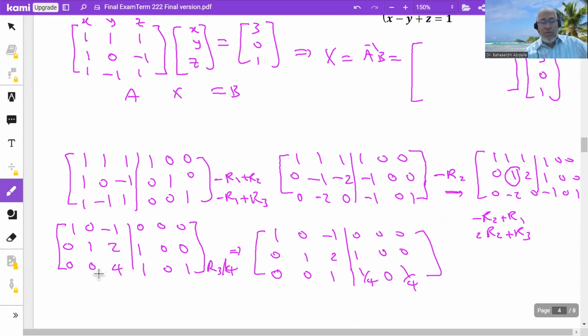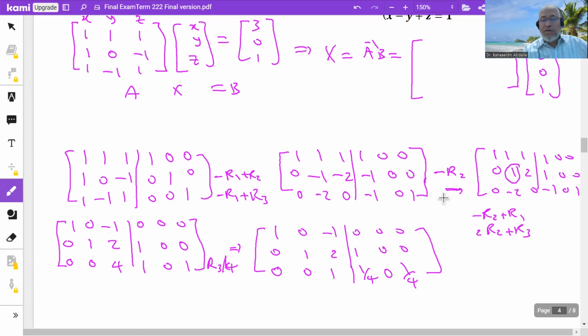There is no problem here, okay? There is a problem here in this number, okay, this 0. All right, negative R1, negative R1 plus R3, here, negative, okay, it doesn't change anything here.